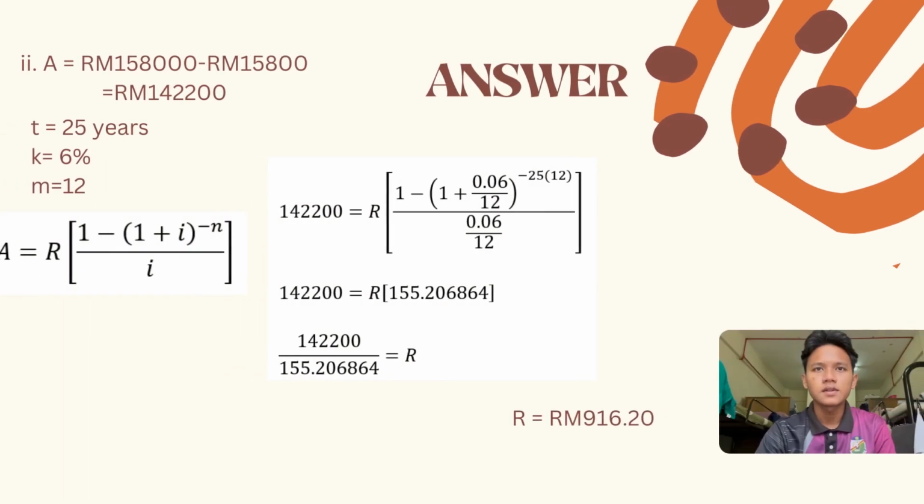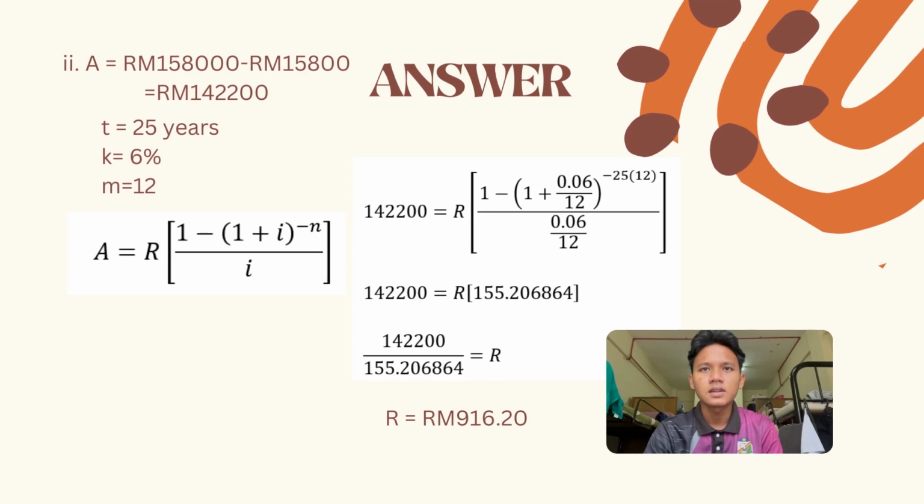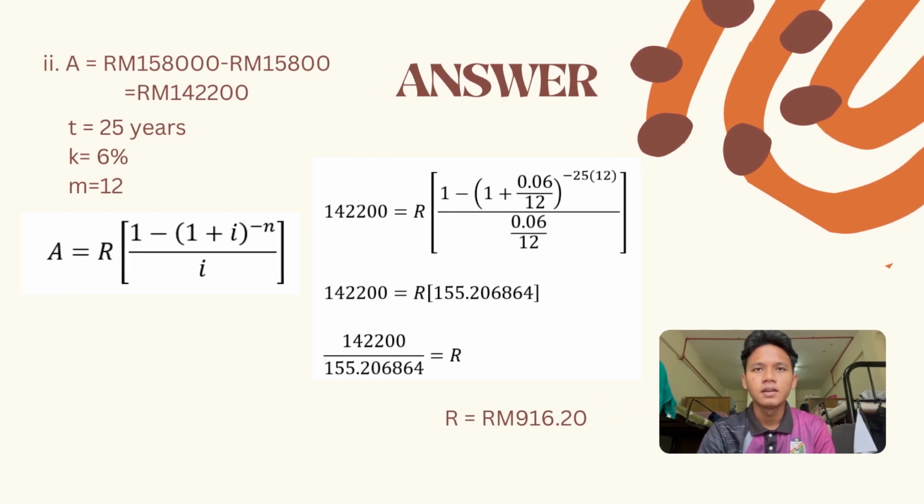Roman 2. A refers to 158,000 ringgit minus 15,800 ringgit equals 142,200 ringgit. T refers to 25 years, K refers to 6%, and M refers to 12 because compounded monthly. So we use the present value formula A equals R open bracket 1 minus 1 plus I to the power of negative N divided by I close bracket.